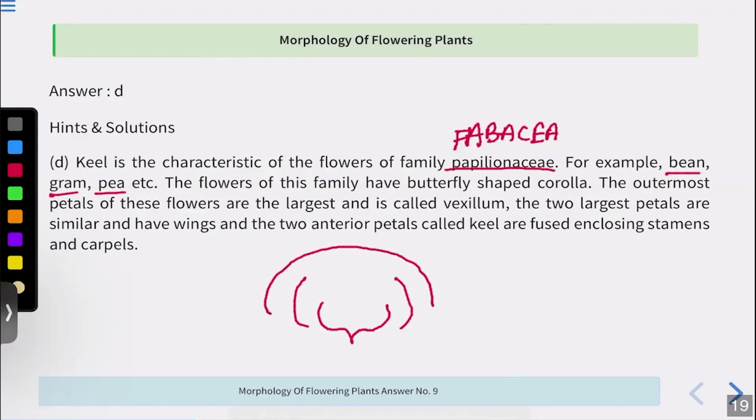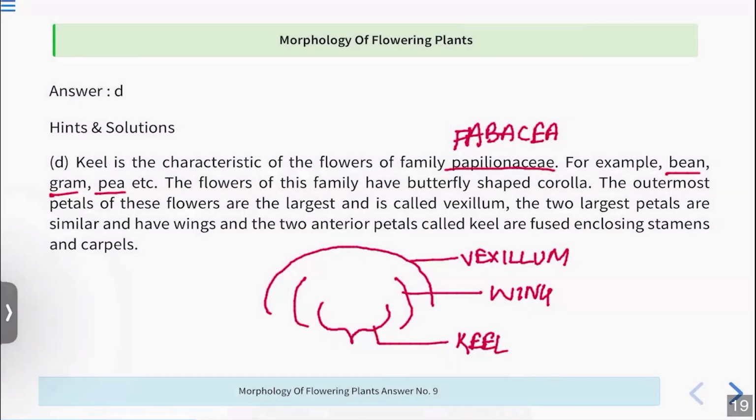Anterior petals are fused. The posterior petal is butterfly. This is called vexillum, these are called wings, and this fused petal is called keel. That is how the flower is arranged.